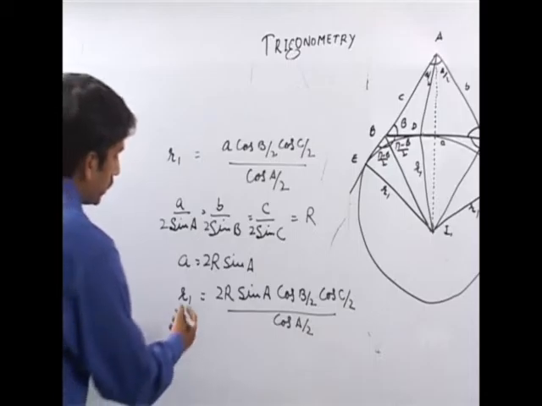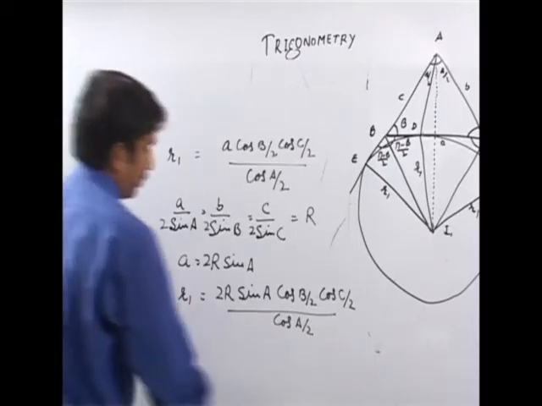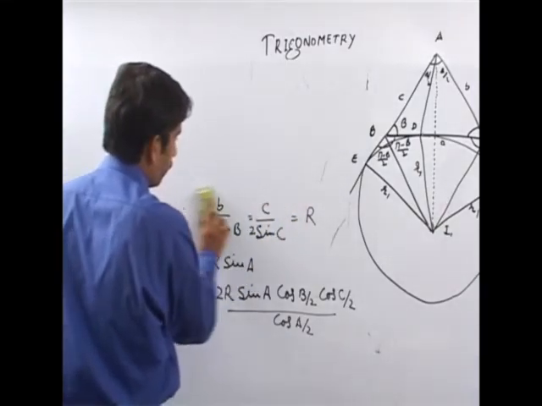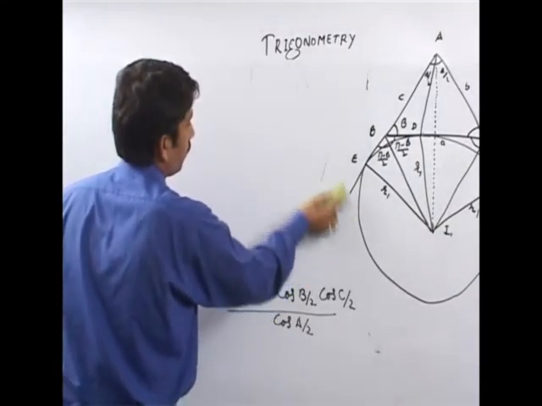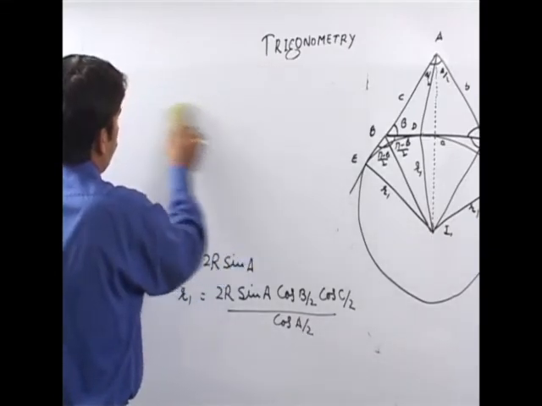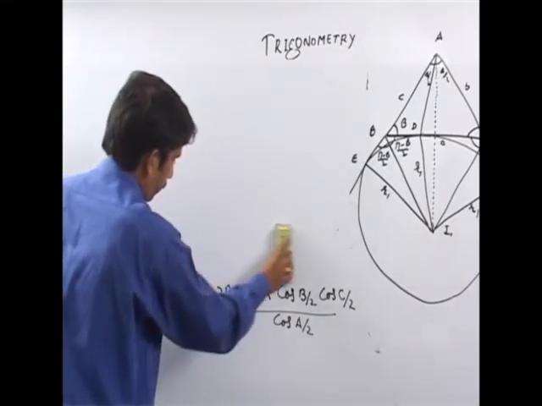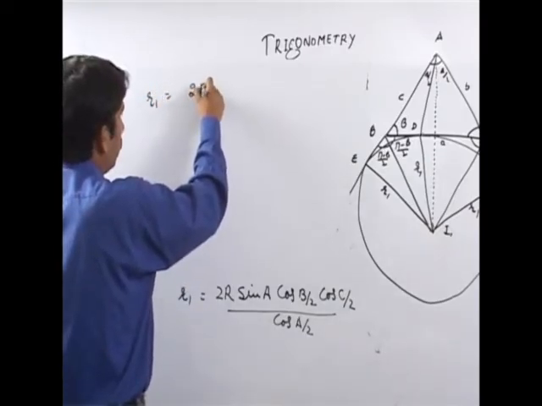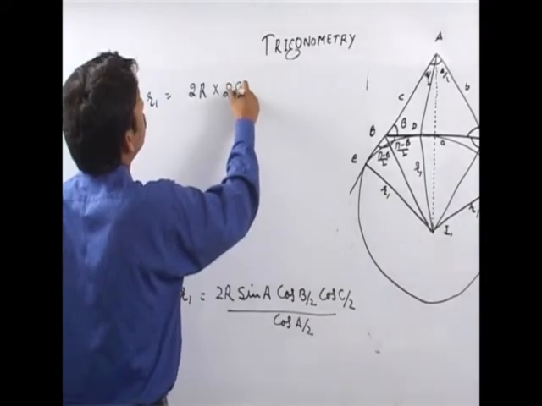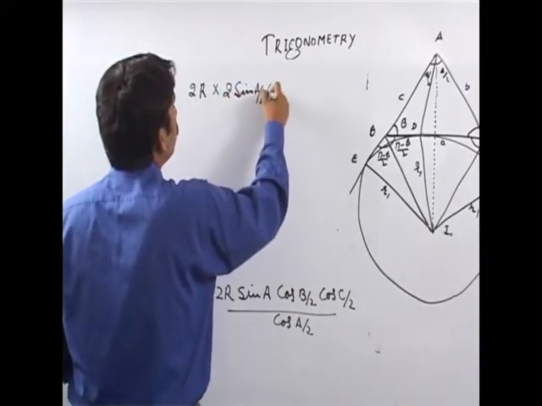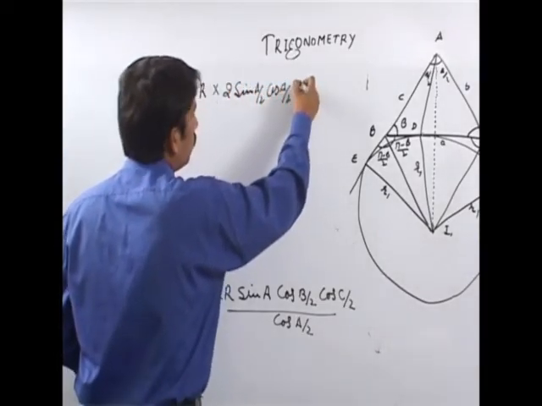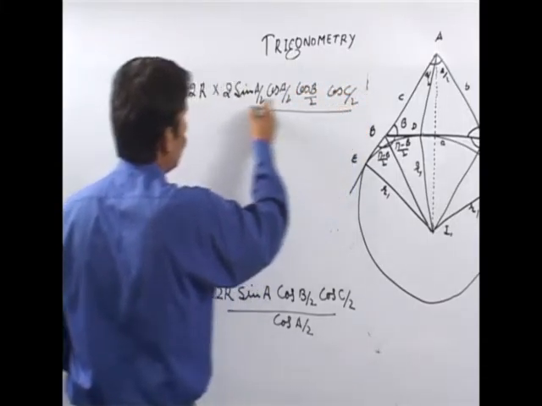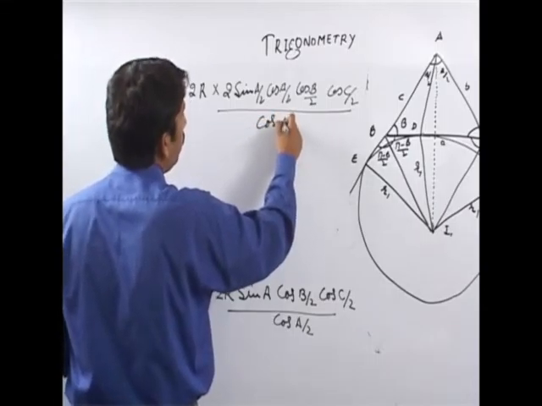Now R1 will become 2R into 2 sine A by 2 cos A by 2 cos B by 2 cos C by 2 whole over cos of A by 2.